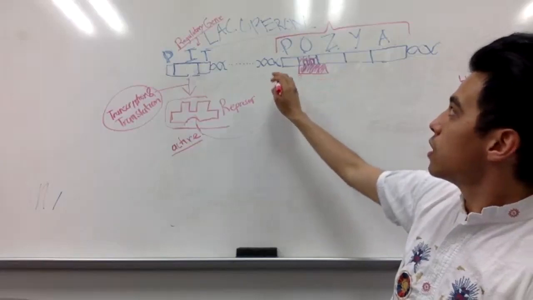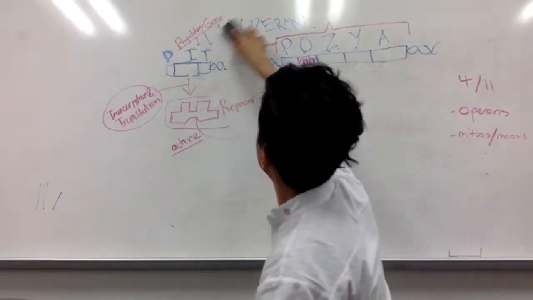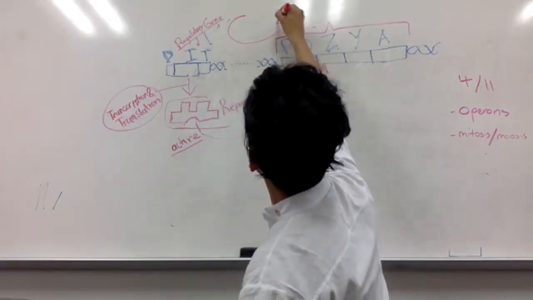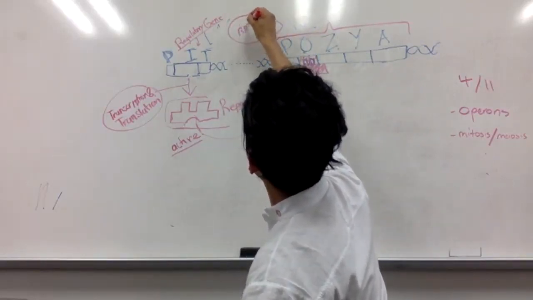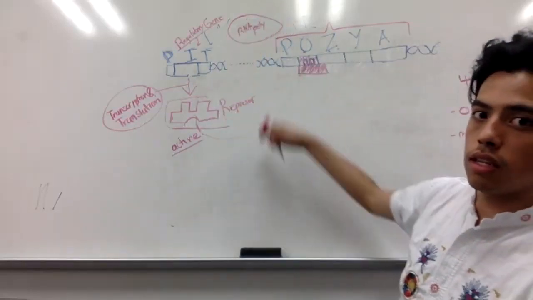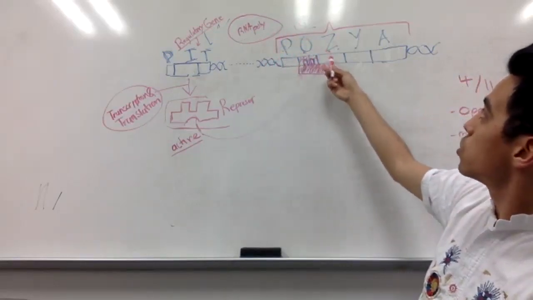The way you can think of it is this: RNA polymerase is going to bind to the promoter and it's going to want to transcribe these genes.